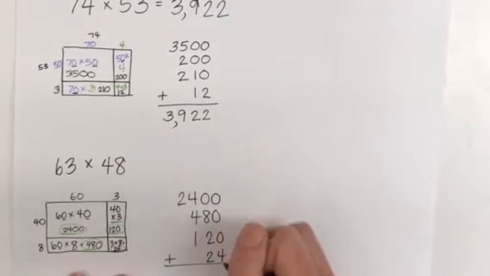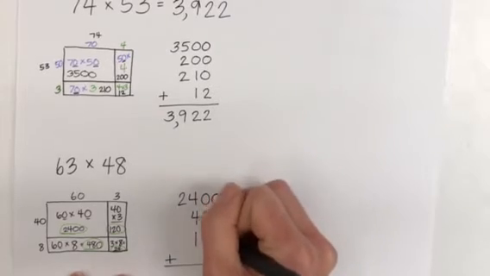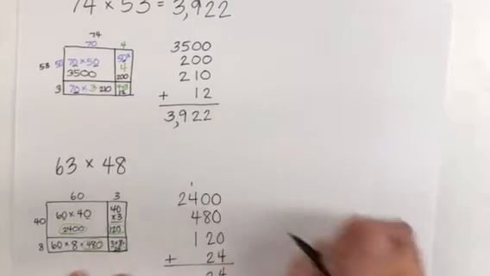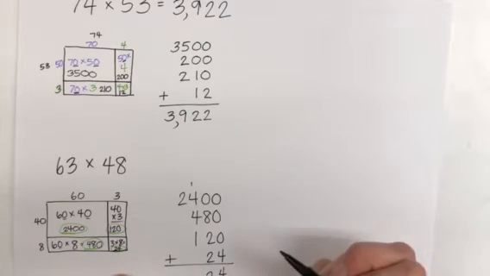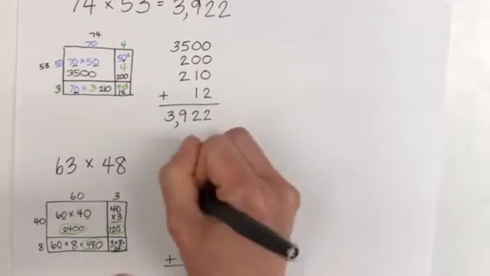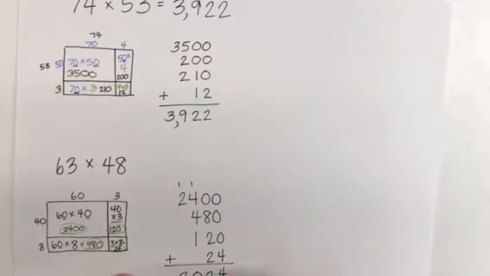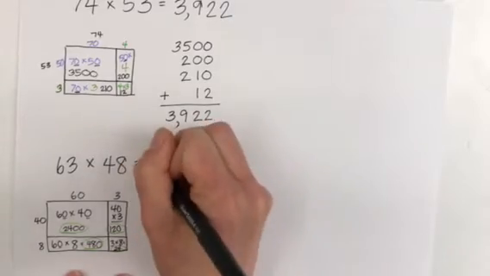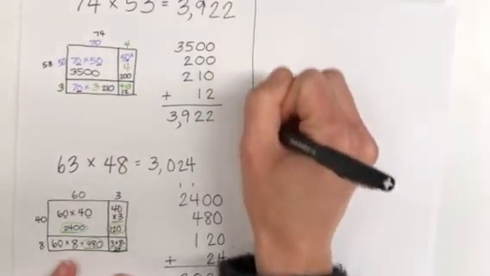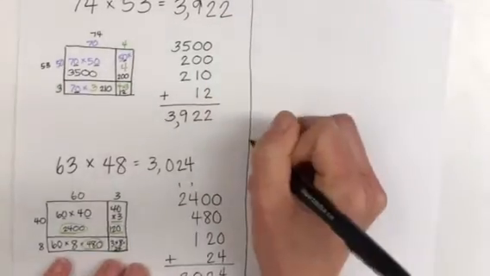All right, I have 4 ones, 12 tens, so I'm gonna put 2 here and carry that next one up into the hundreds place. So here I have 8, 9, 10, and 3, so I get 3,024. All right, next we're going to solve these using the algorithm.